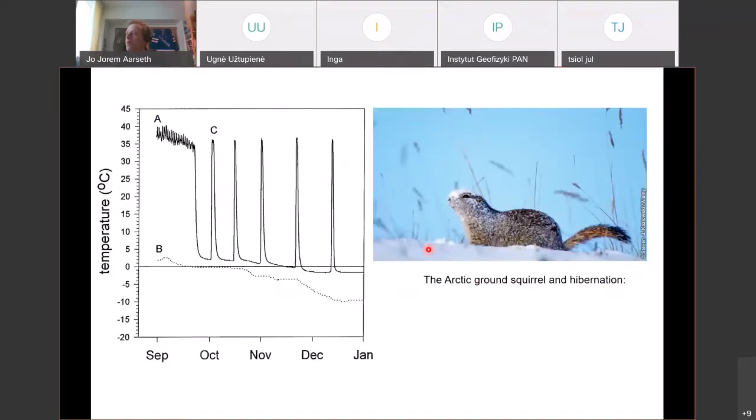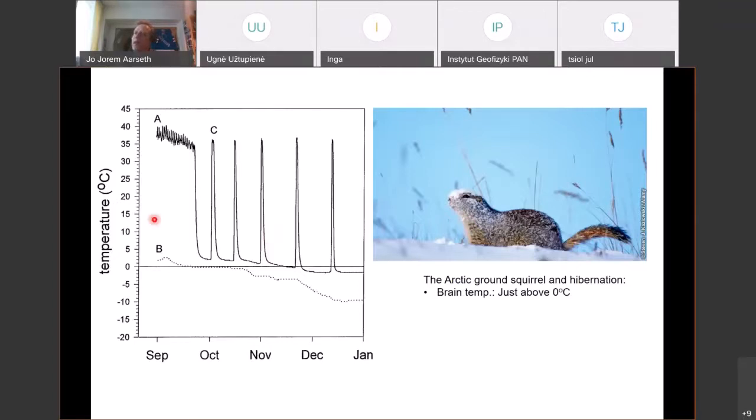If you look at a homothermic animal like the Arctic ground squirrel, to avoid periods where there's no food, very cold, it can actually go into hibernation. And what is hibernation? Well, when you hibernate, you decrease the activity in your organs, but you choose to do that because actually you're a homothermic animal that can turn off organs, turn off activity, then you decrease the energy demand in these organs, and then you hibernate.